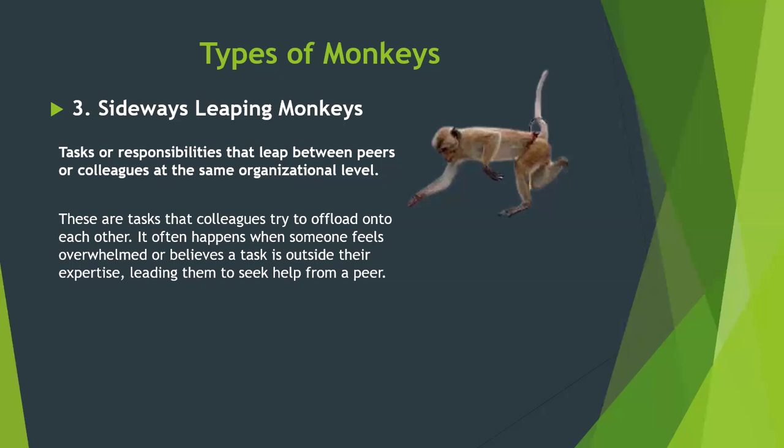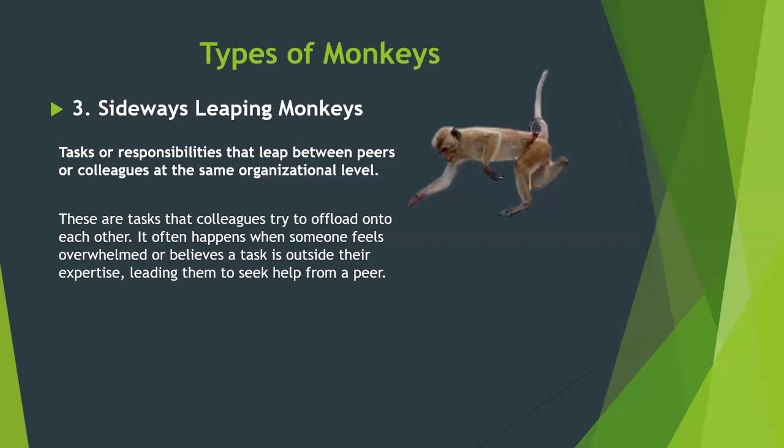In summary, these sideward leaping monkeys are the tasks colleagues try to offload onto each other. It often happens when someone feels overwhelmed or believes the task is outside their expertise, leading them to seek help from a peer. So when one manager says, I cannot speak publicly, and we have a seminar to execute now, everyone has their own time, 30 minutes to speak.